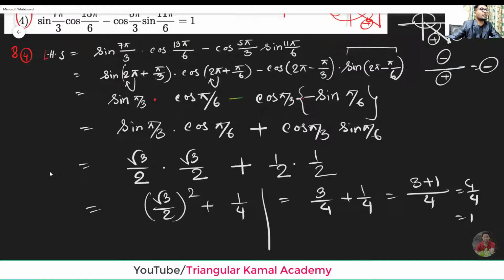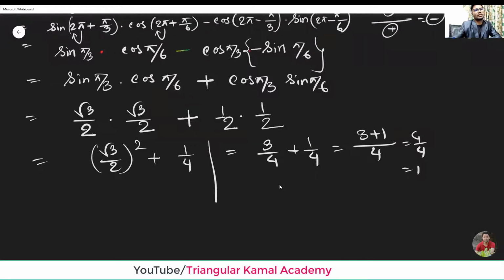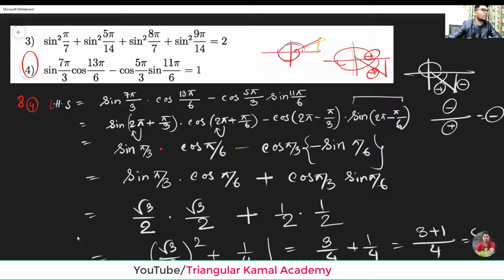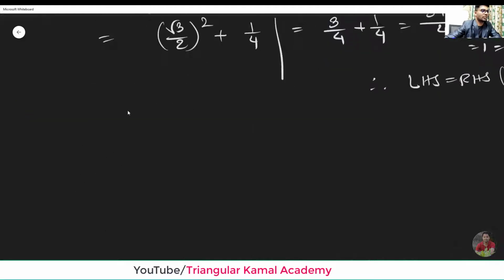Yes, left hand side equals right hand side, and this is our proof. So question number 4 is done. Let's see the next question, question number 5.